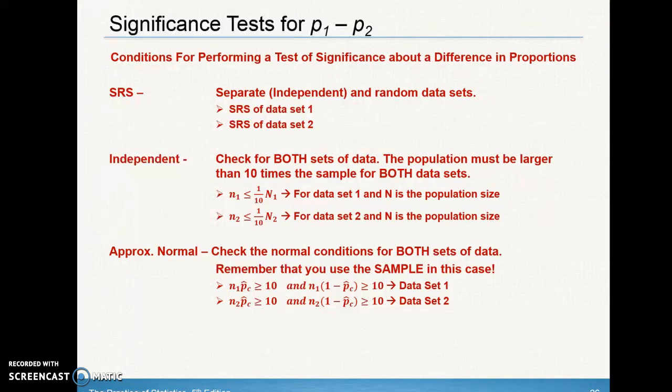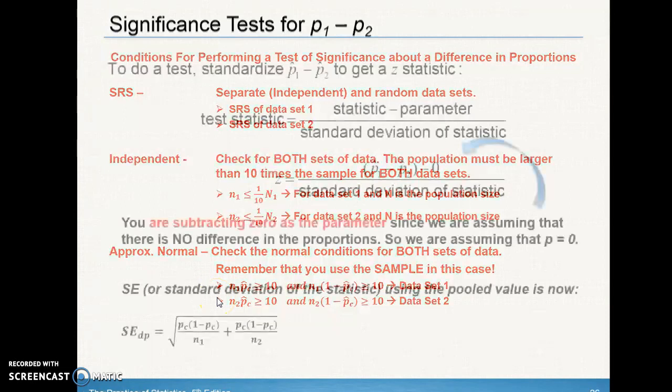We're making sure that the population is 10 times the sample size for both of them. Be careful that you do it for each of them. And then your normal condition: notice you have n times your pooled value is greater than 10, n times 1 minus your pooled value is greater than 10. With 2 independent samples, you have to do this twice.